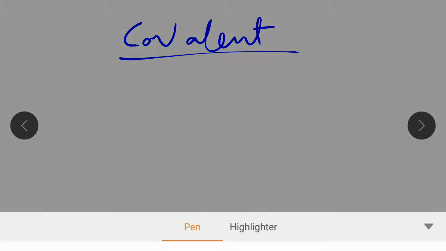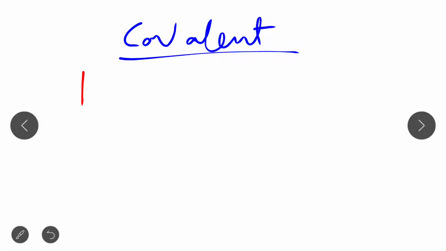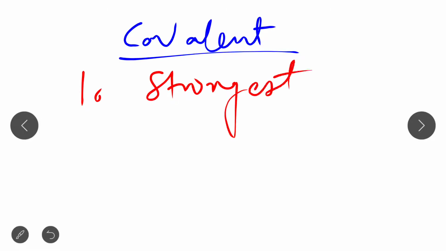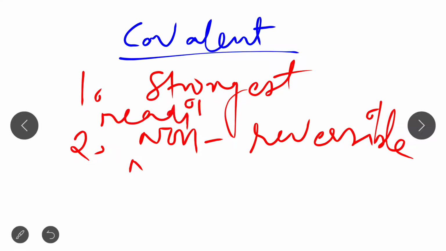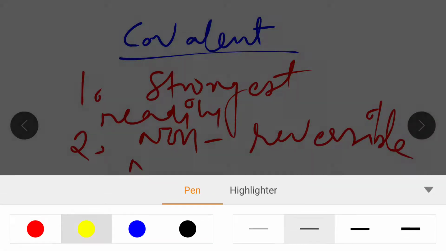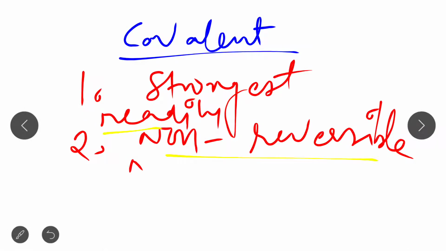First of all, let's look at some important points about covalent interaction. The first point is that it is the strongest interaction, and secondly it is practically non-reversible. Clear? Now why do we say practically non-reversible?